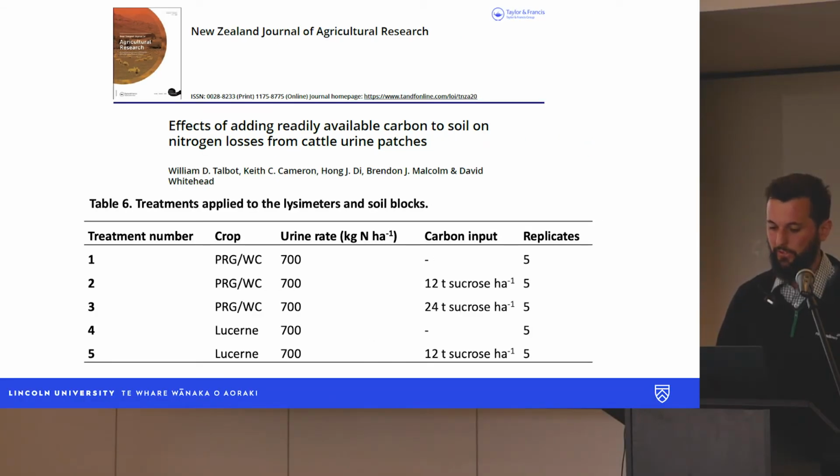We applied carbon at 12 tonnes of sucrose a hectare and 24 tonnes of sucrose a hectare for the ryegrass white clover. And for lucerne we had controls as well that received no carbon input, and another treatment with 12 tonnes of sucrose a hectare. We applied sucrose just before we applied the urine to stimulate microbial growth.